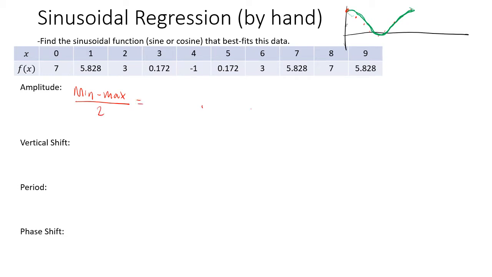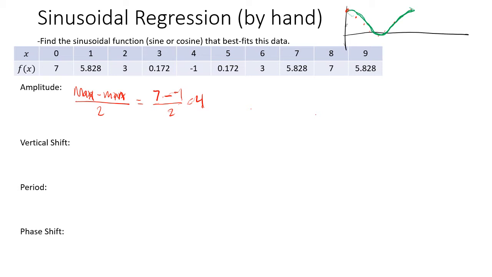So the maximum minus the minimum is 7 minus -1, divided by 2. So the amplitude of this is 4.